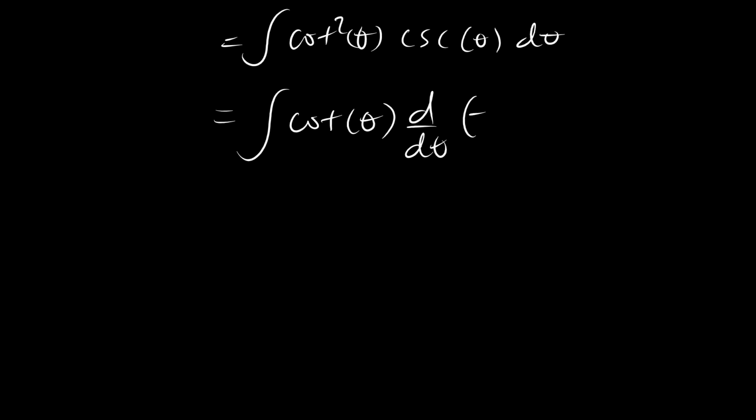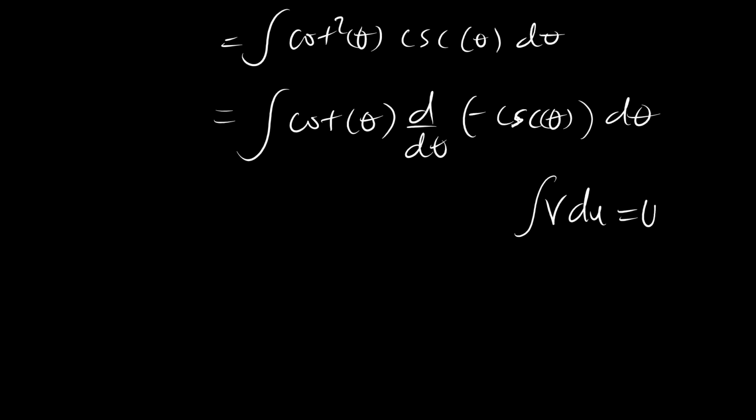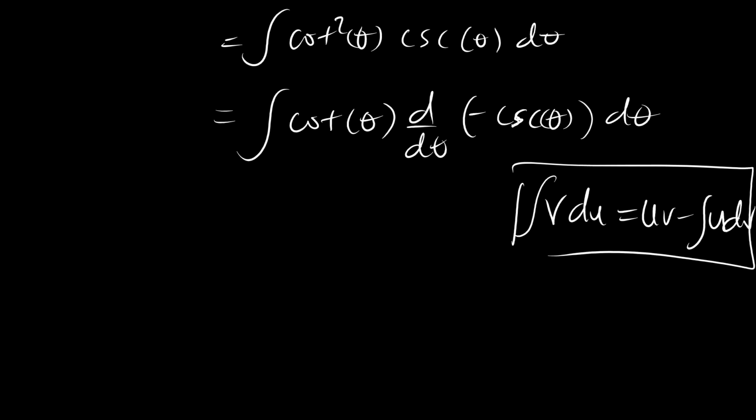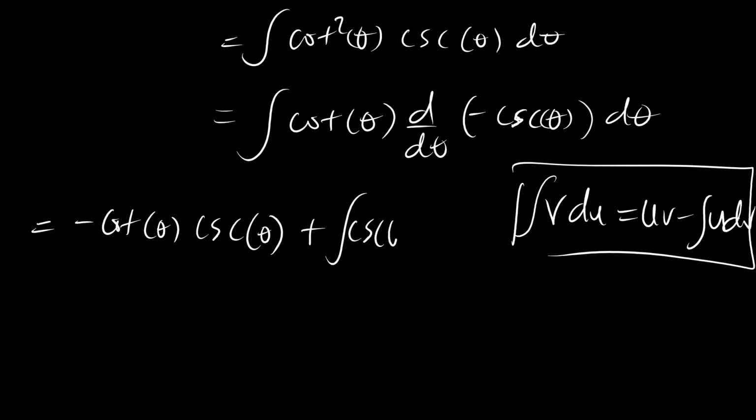It's not cos, it's cosec theta. And so using integration by parts, where if we have v du integrated, we have uv minus u dv. Using this, our problem now becomes negative cotangent of theta, cosec of theta, plus cosec theta times the derivative of cotangent of theta.